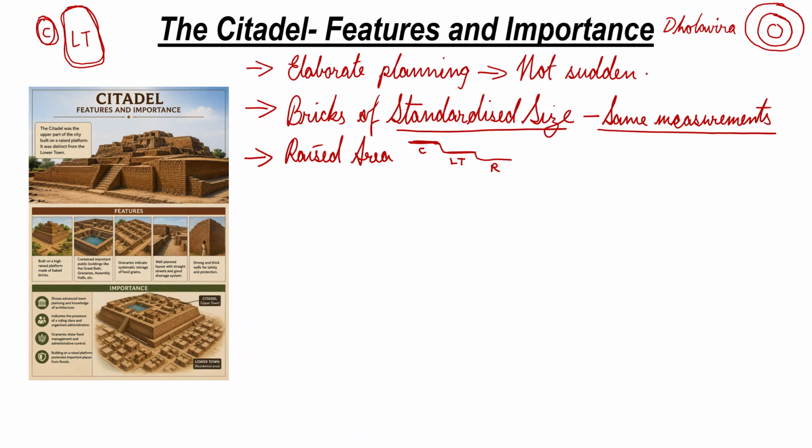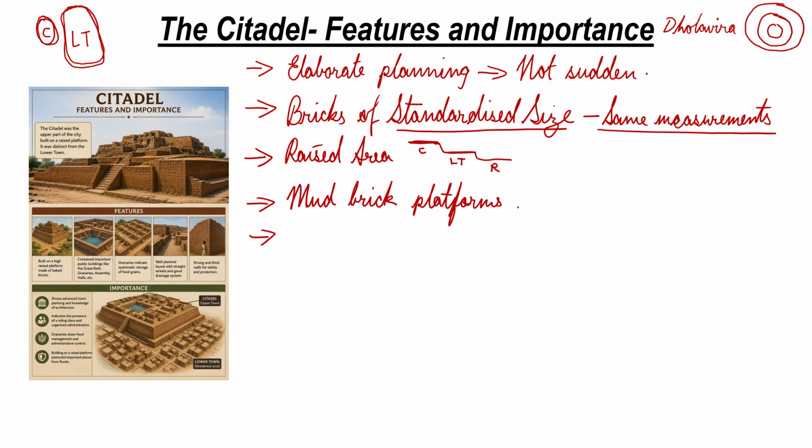So the citadel was very much raised, and that is why it is called a citadel. So all the raising activities had been done with the help of mud brick platforms. So mud brick platforms were made before constructing any structure in the citadel.